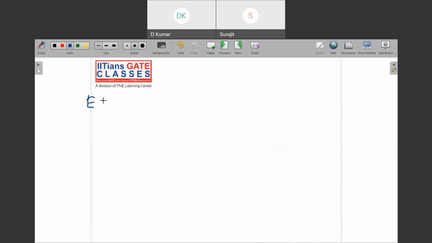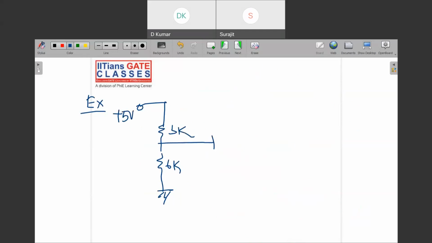One important question where most of the aspirants make mistakes. This is 3K, 6K, right? Plus 5 volt. Guys, don't keep in mind those things like open circuit test, short circuit test. Those bookish, gyan bookies language, right?